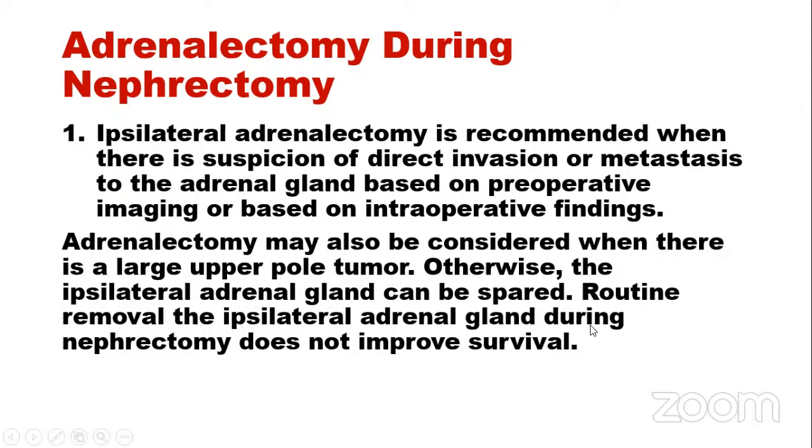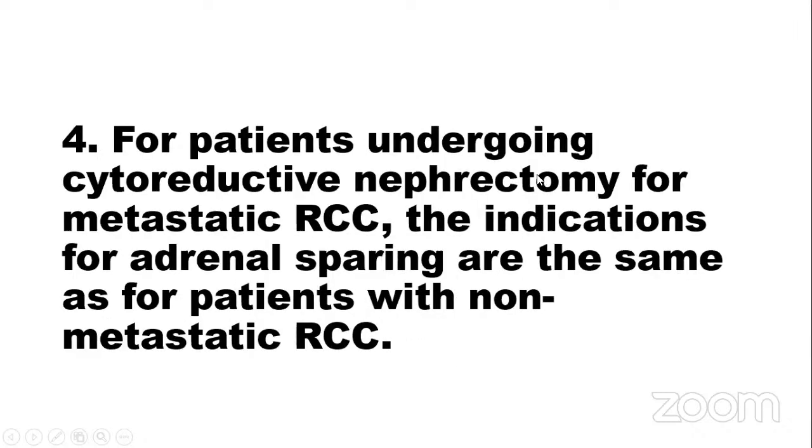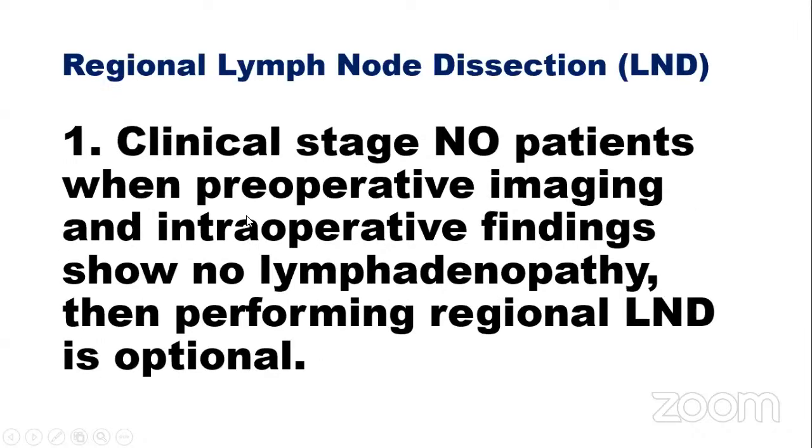Routine removal of the ipsilateral adrenal gland during nephrectomy does not improve survival. Direct invasion or metastasis to the adrenal gland is uncommon. If unilateral adrenalectomy is performed, adrenal insufficiency is rare because the patient has a normal contralateral one. For patients undergoing cytoreductive nephrectomy for metastatic RCC, the indications for adrenal sparing are the same as for patients with non-metastatic RCC.